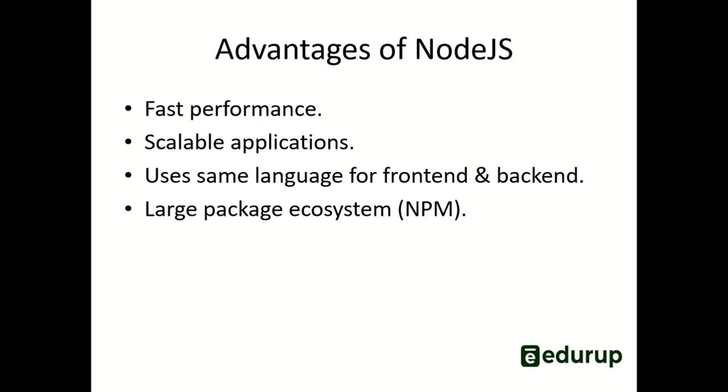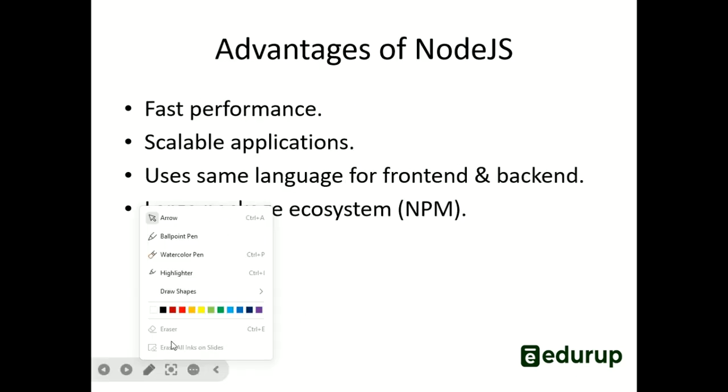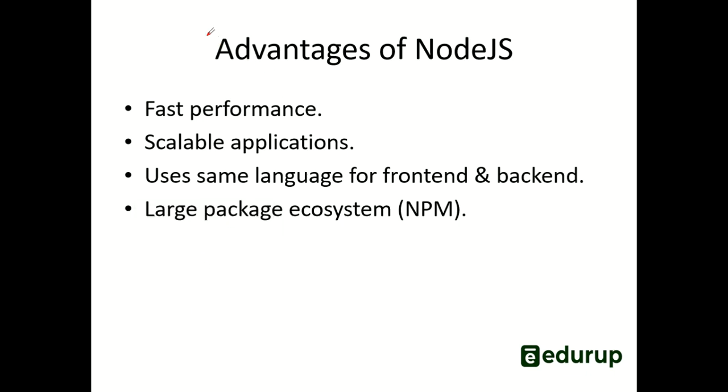Next, we have to learn the advantages of Node.js. It has fast performance. Performance-wise, it is very fast, and we can create scalable applications. It uses the same language for front-end and back-end.